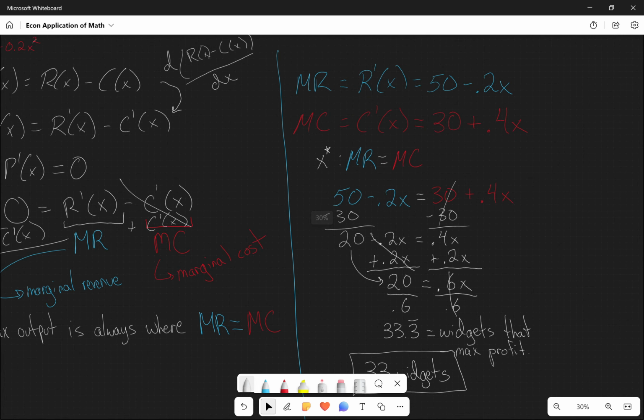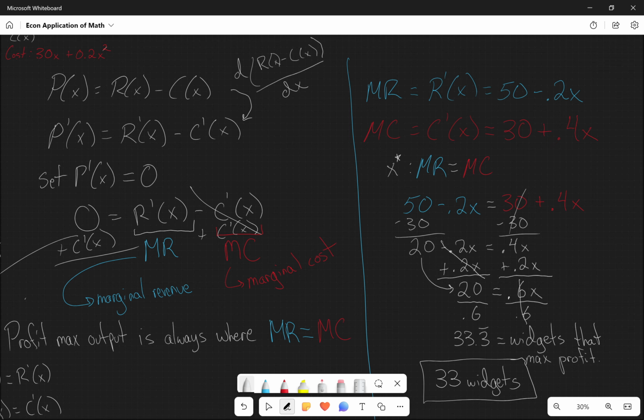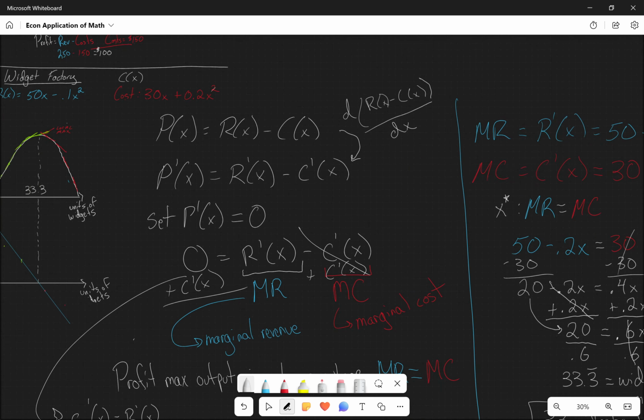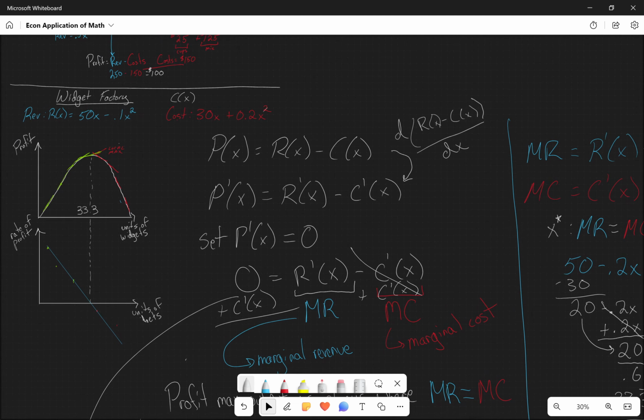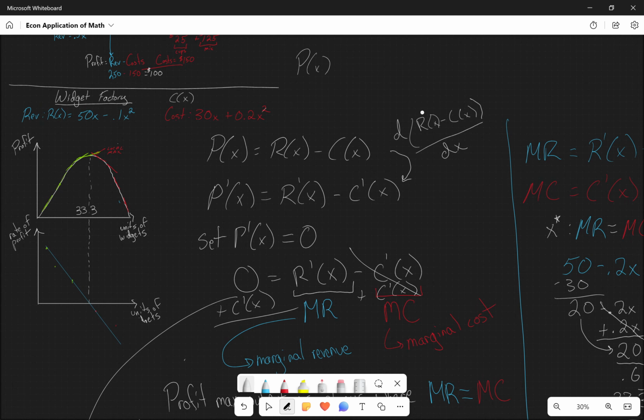And if we don't believe this, we can always create our profit function again, and plug in 33 and plug in 34, as just a way for us to double check ourselves. So again, our profit function, P of x, is equal to 50x minus 0.1x squared minus 30x plus 0.2x squared. And so this is going to be 50x minus 30x minus 0.1x squared minus 0.2x squared.